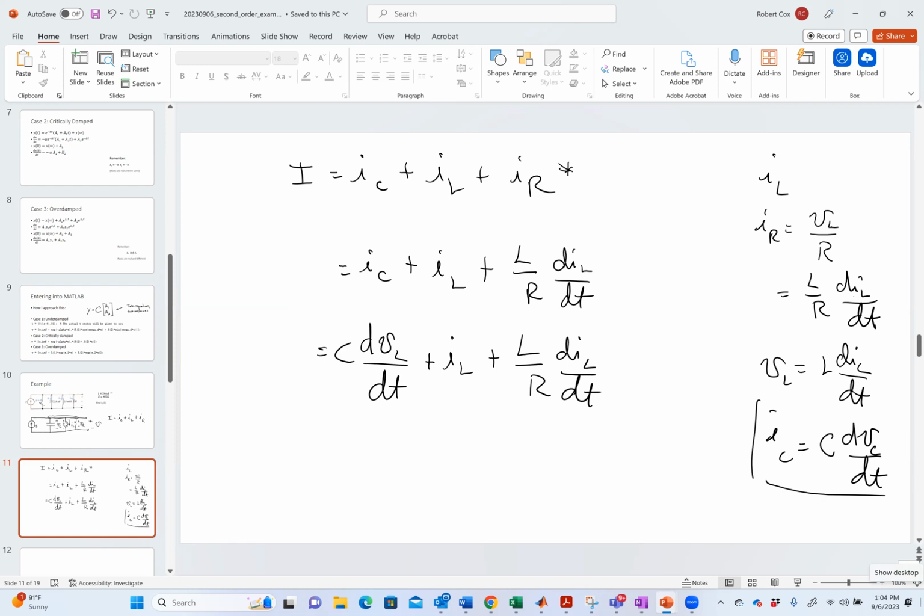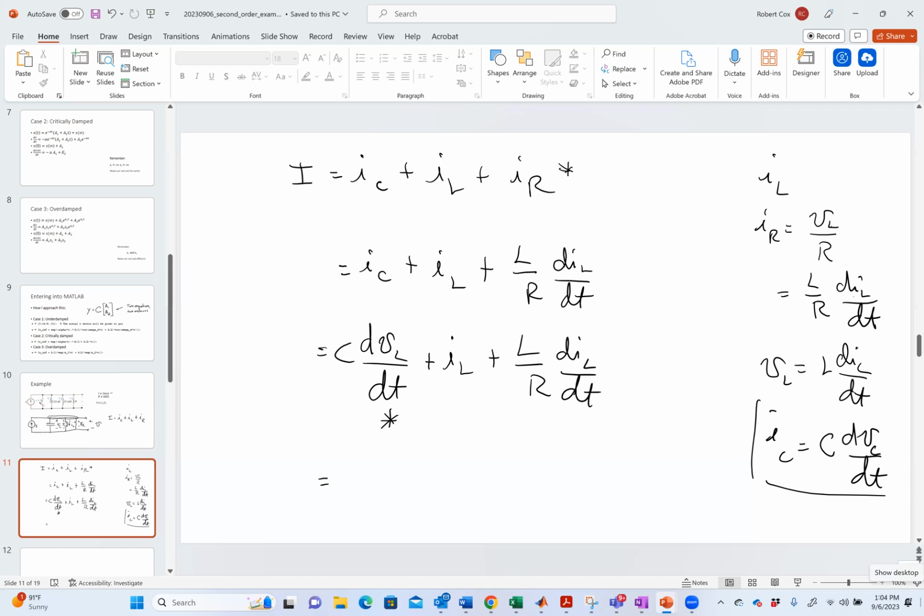Now, that's a differential equation, yes. But I need a differential equation that's all in terms of one variable, and I want it all in terms of I sub L. So what do I have to do next? What do I plug in? It's that first term that's the problem, right? It's not in terms of I sub L yet. How do I get that to have an I sub L in it?